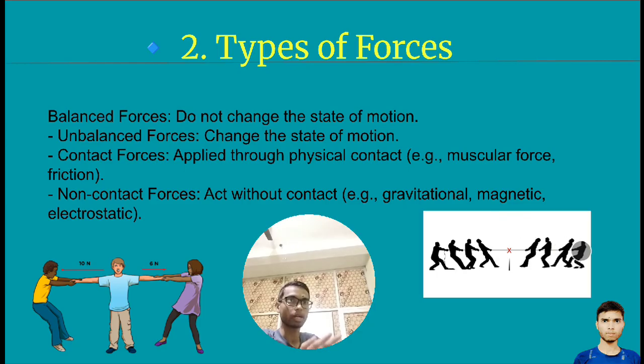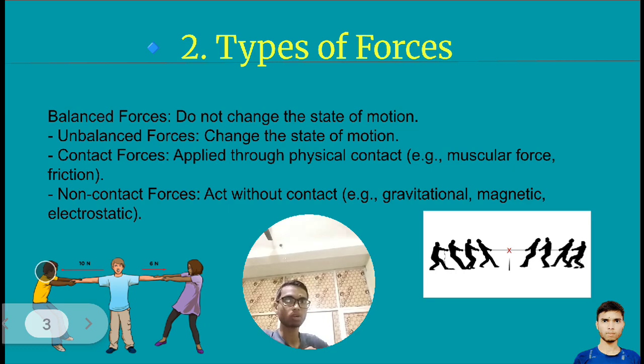This is also contact force. This person is pulling this rope just by touching it, and then it became possible to pull this object. Here, same, contact of she is with him.